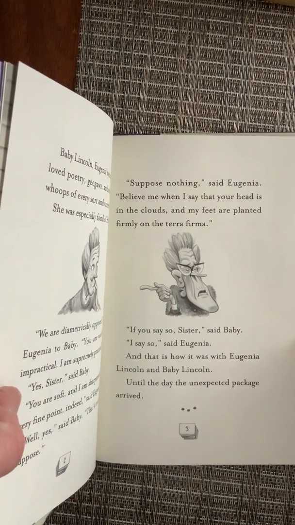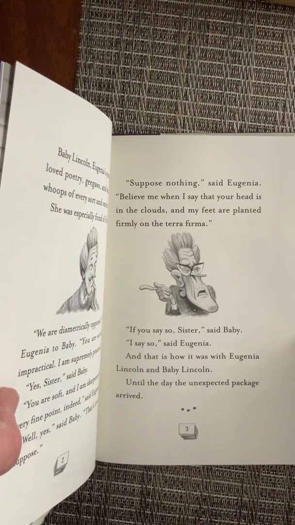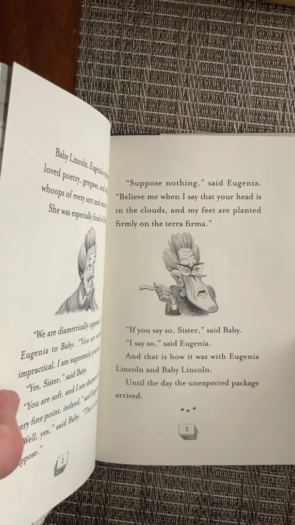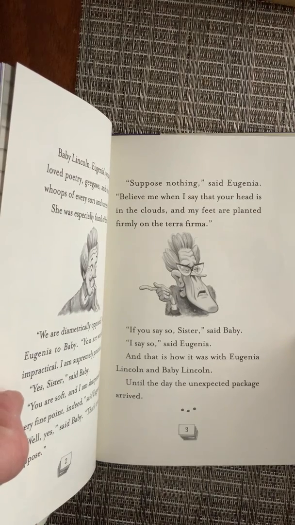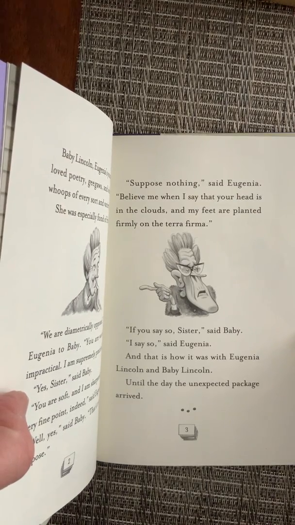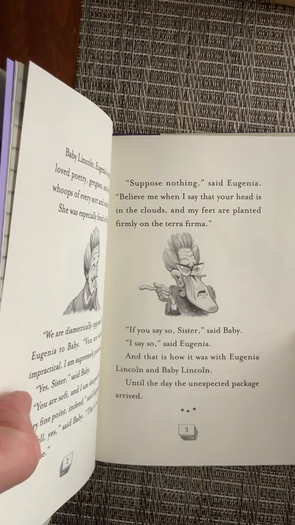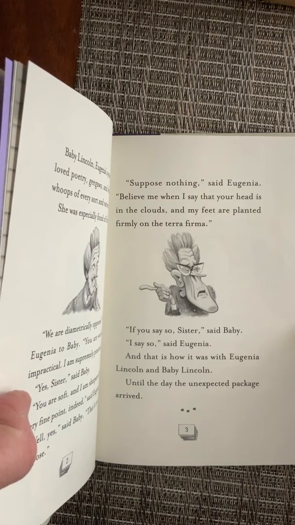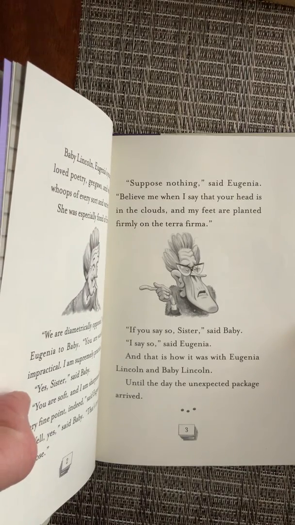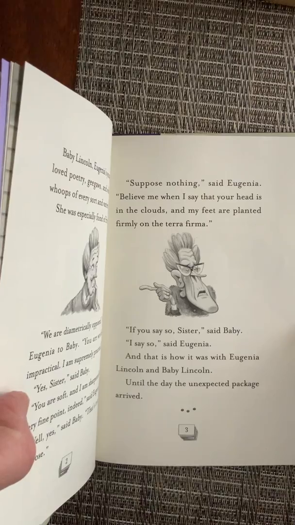"Suppose nothing," said Eugenia. "Believe me when I say that your head is in the clouds and my feet are planted firmly on the terra firma." "If you say so, sister," said Baby. "I say so," said Eugenia. And that is how it was with Eugenia Lincoln and Baby Lincoln, until the day the unexpected package arrived.